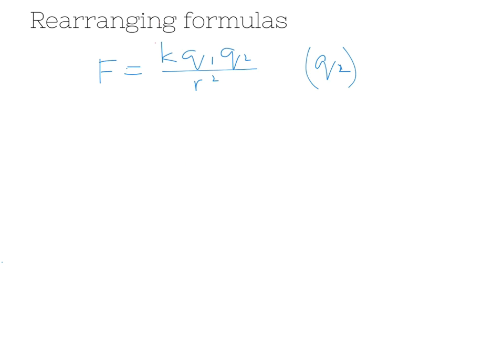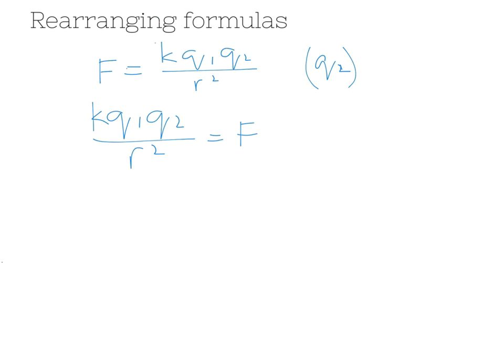F equals k times q1 times q2 over r squared. We need to put it in the form q2 equals. The subscripts 1 and 2 after the q's distinguish the different q's in this formula. Right, so we've got q2 on the right, so we should swap sides first of all. So we have k q1 q2 over r squared equals f.